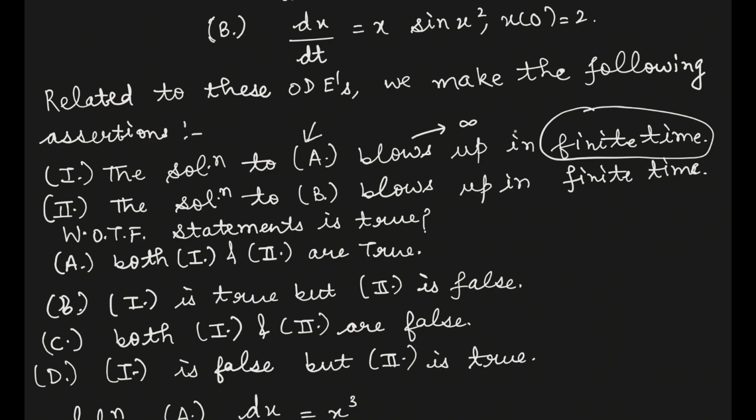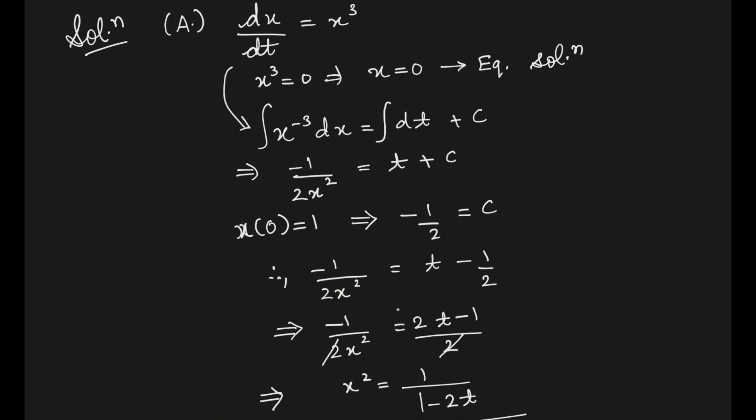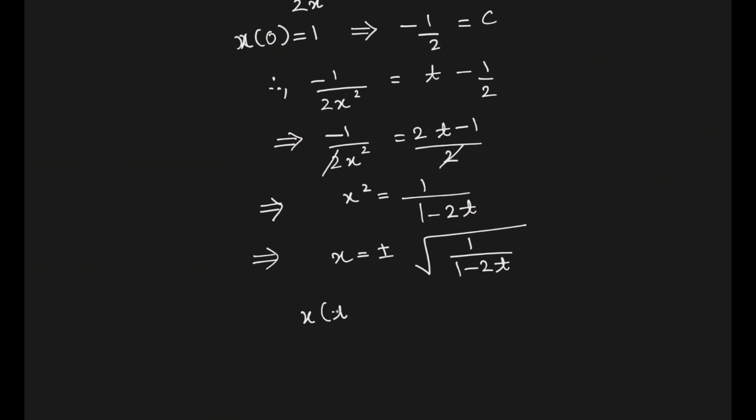So I can clearly see that our solution goes to infinity if t tends to 1 by 2. If t tends to infinity, then it goes to 0.